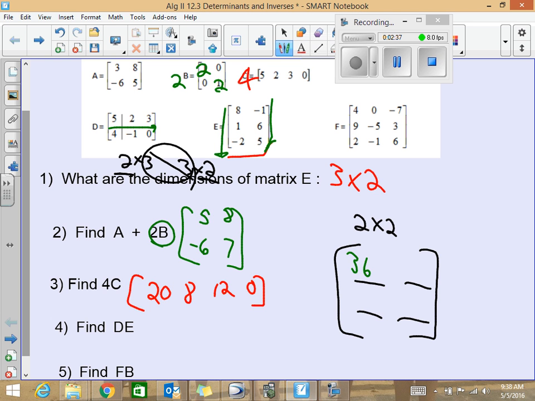Now I'm staying on row 1, going down column 2: negative 5 plus 12, which is 7, plus 15, which is 22. Okay, now row 2, column 1 is 8 times 4 is 32, minus 1 plus 0, so 31. Very good. And row 2, column 2 is negative 4, minus 6, plus 0, so negative 10.